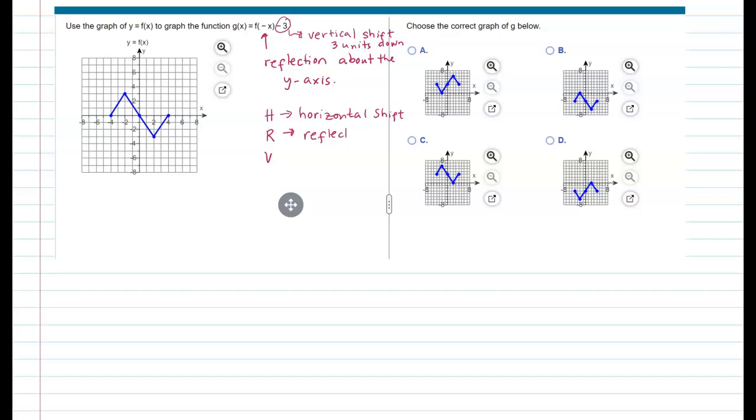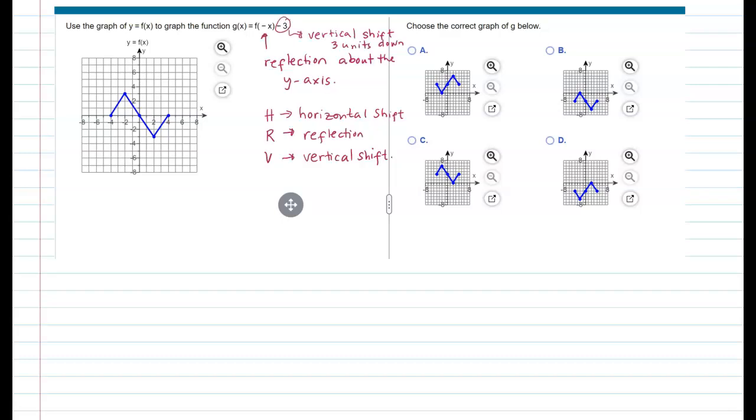And then you can apply reflection along X or along Y, and then you do the vertical shifting last. Now, if you follow that order, you would always arrive at the right answer. Now, in this case, it only involves reflection and shifting. So we do the reflection first.